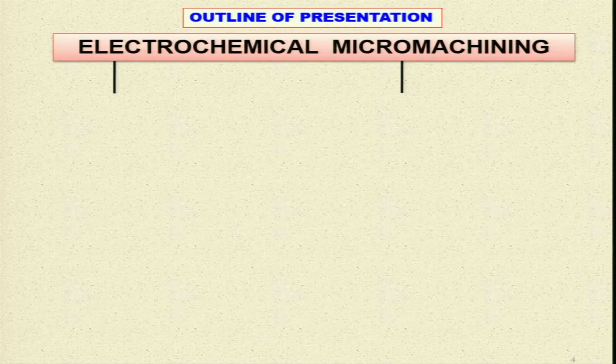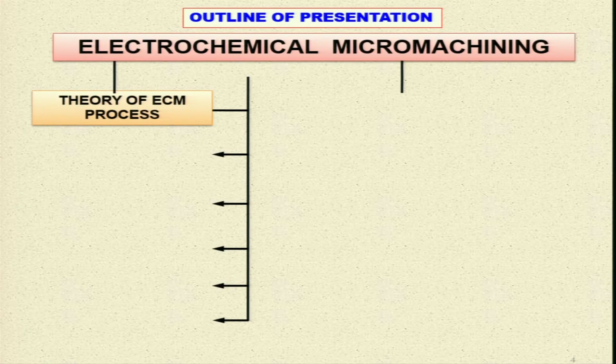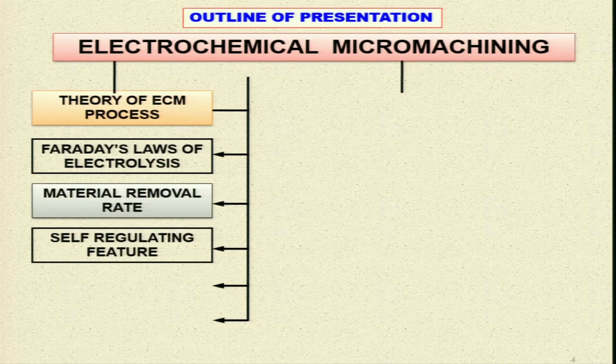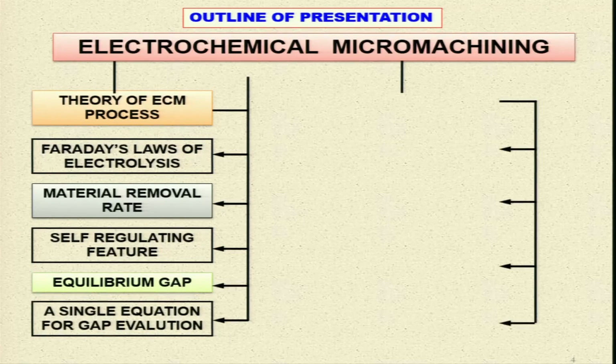Course outline, or outline of the presentation: electrochemical micromachining. We are going to discuss the theory of the ECM process, Faraday's laws of electrolysis, material removal rate, the self-regulating feature of electrochemical micromachining, equilibrium gap, and a single equation for gap evaluation.